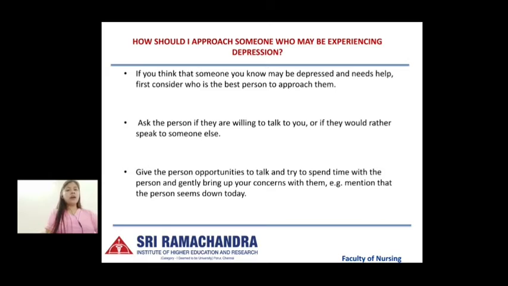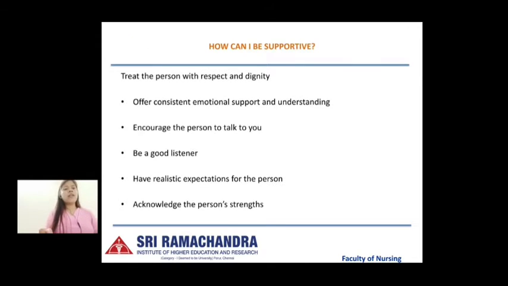So we'll see how you are going to be supportive, so that you let him or her feel that you will be there for her, you are always ready to help, and whenever she needs, she will get support from you. We'll see how can I be supportive. This is the thing we have to mainly consider here.